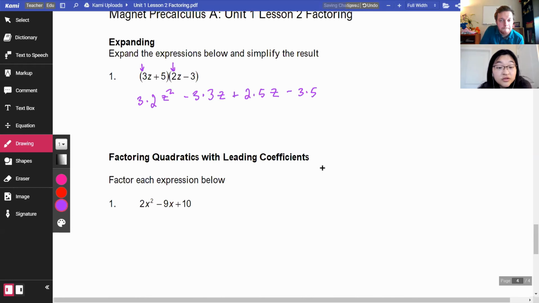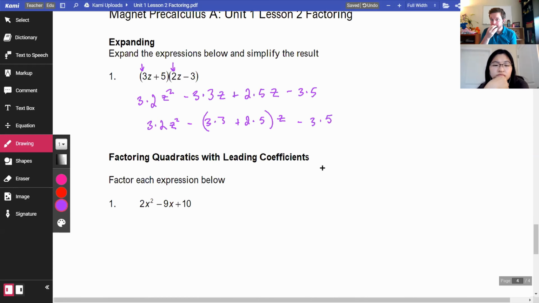Just 3 times 5, no z. Okay. Let's do a little bit of grouping. We got 3 times 2z squared. We have 3 times 3 plus 2 times 5z. And we have 3 times 5.